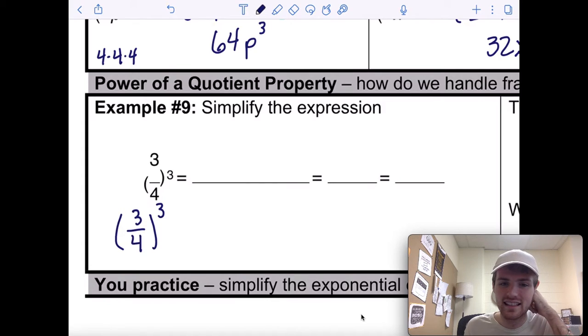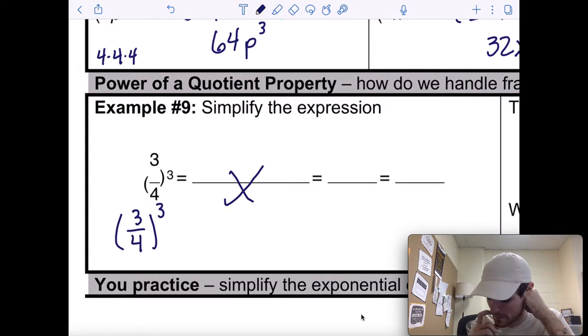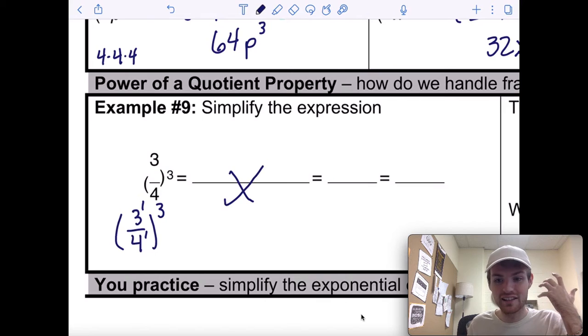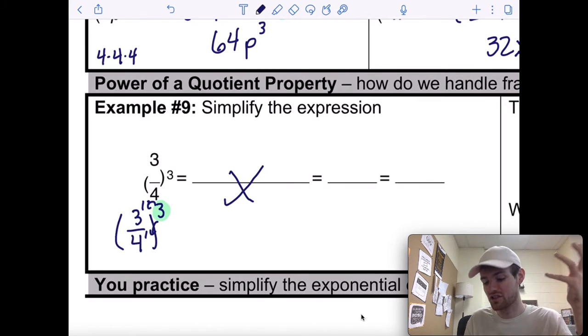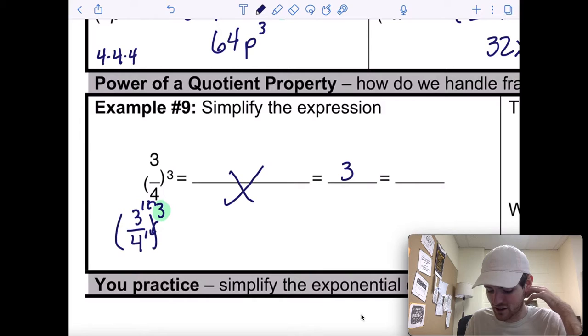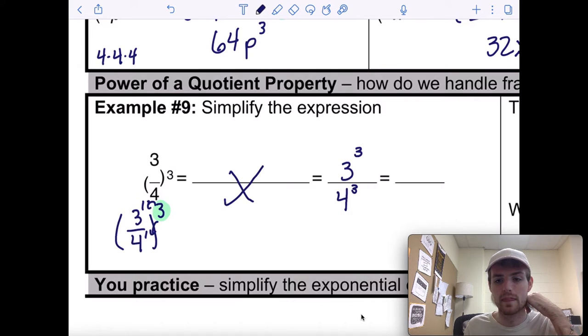What this is saying is, we still give that exponent 3 to each of my bases. It's the exact same thing. Nothing's changed except now we just have a fraction. So we have 3 to the third, we have 4 to the third. Then we just figure out what those numbers would be.